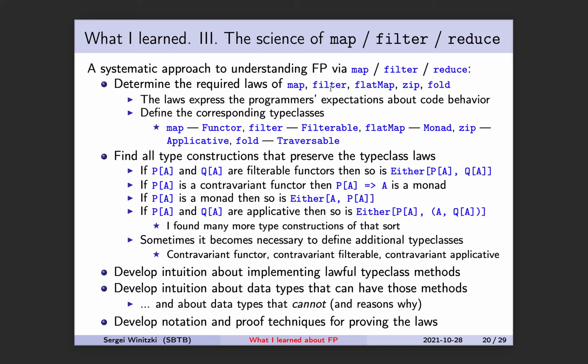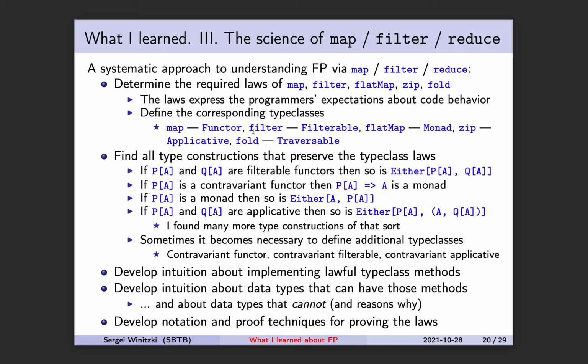So for example, if you first filter and then map, this is equivalent to first mapping and filtering with something else. So that kind of expectations you can write down as equations and verify rigorously if they hold. You define then the corresponding type classes that have these methods satisfying these laws.